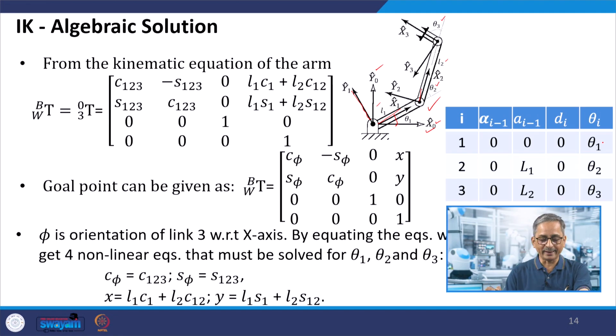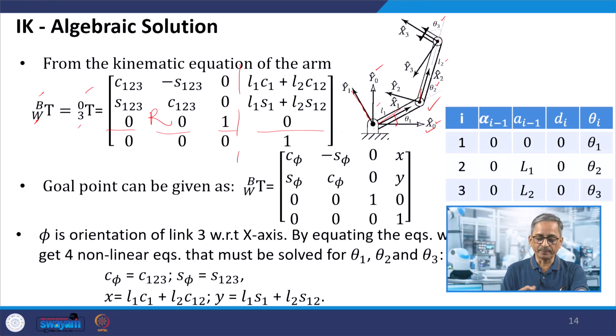So, I can write the description of frame 3 with respect to frame 0, which is essentially the description of the wrist frame with respect to the base frame, and this is going to be my matrix. Okay. So, this is my rotation matrix R, and this is the position vector for the third frame origin with respect to the 0th frame.